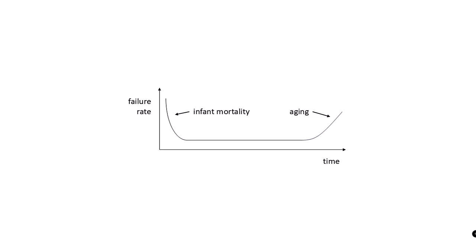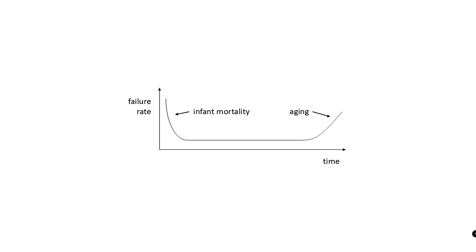Yield is a measure of how many actual working circuits we get out of manufacturing. That is, of all the chips on a wafer, how many of them actually work. Circuits may also fail over time as they operate. A common characteristic for failure rate as a function of time is what's known as a bathtub curve. The failure rate for chips in the first few hours of their operation is very high.